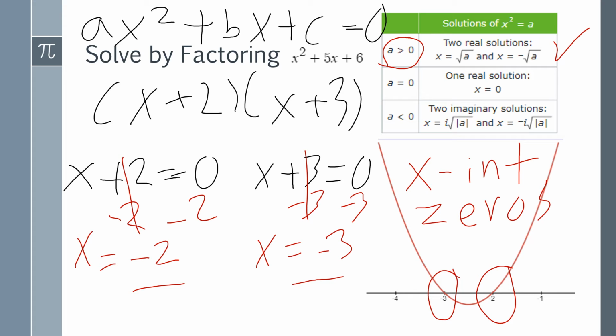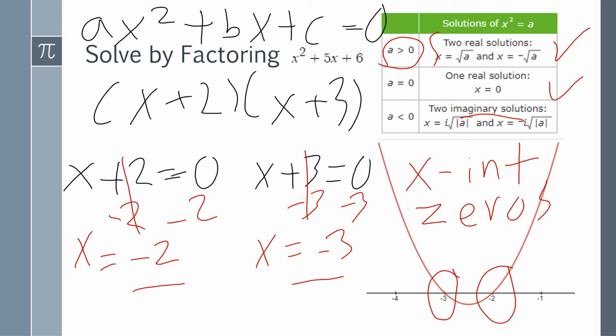When you have one solution, one x-intercept, that means the graph only touches the x-axis once. And when it doesn't touch at all, you get imaginary numbers, which I'll talk to you guys about momentarily. All right. So again, you see the stuff right here that just tells you.